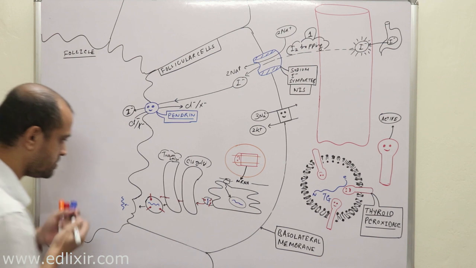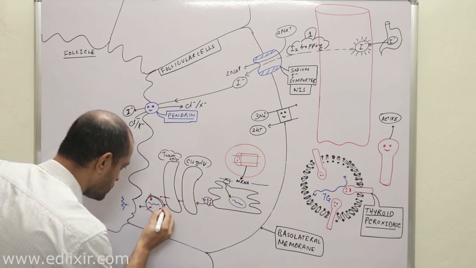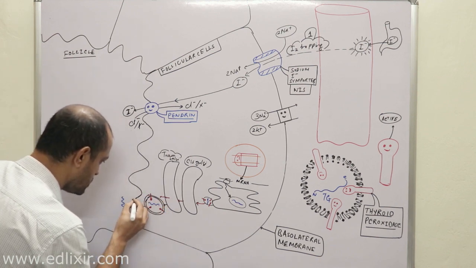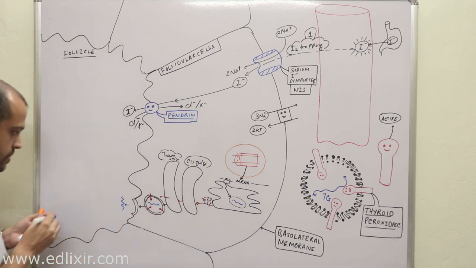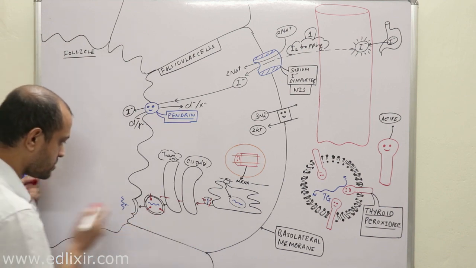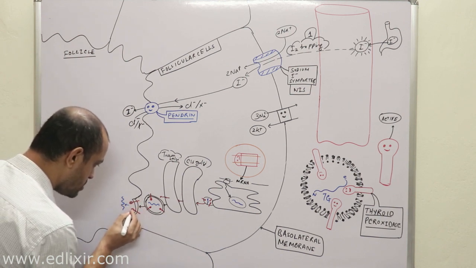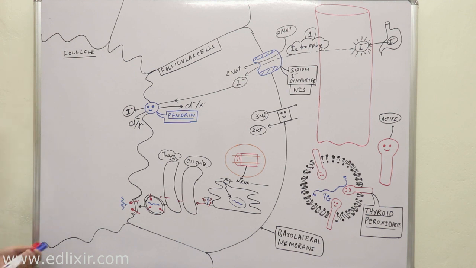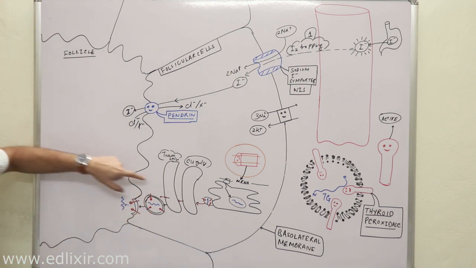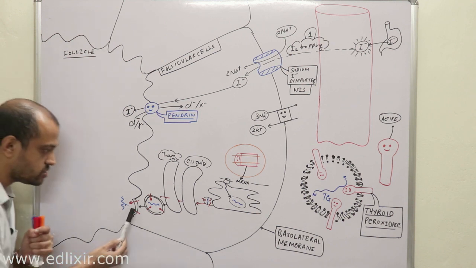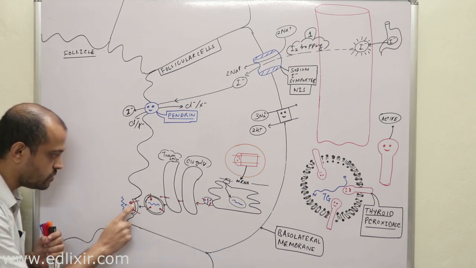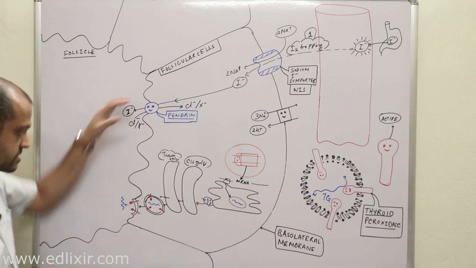Suppose this is, let me make it a double layer. But these thyroid peroxidase molecules, which were earlier associated with this vesicle, will now associate with the cell membrane of the follicular cells itself.